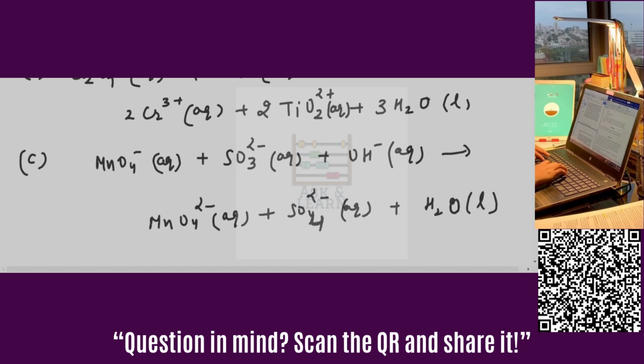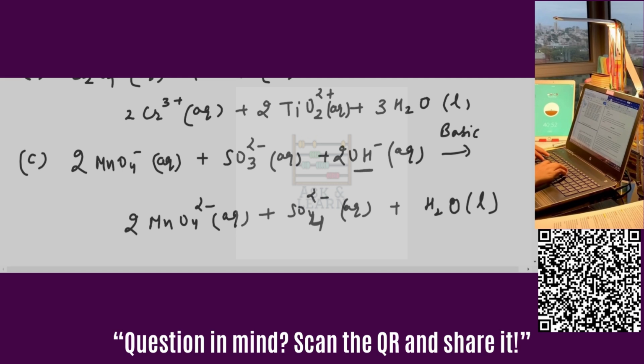So when we balance, we get here 2 MnO4 negative, and this is 2 MnO4 2 negative, and then this is 2 OH minus, and then this is the balanced equation. This equation is in basic medium because here OH minus is used.